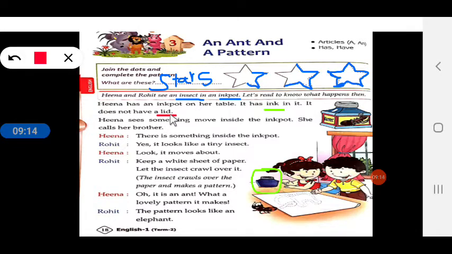Every bottle or ink pot has a lid. So what is meant by lid? Do you know, my dear students? L-I-D, lid. Lid means a removable or hinged cover for the top of a container. You can see here, it is called a lid.